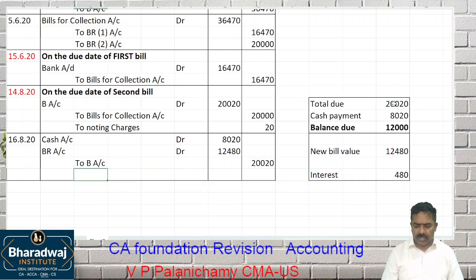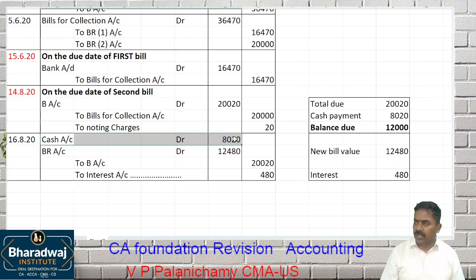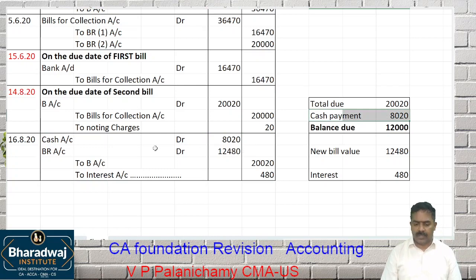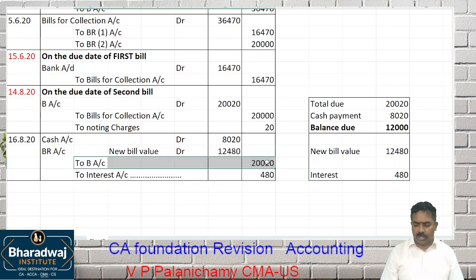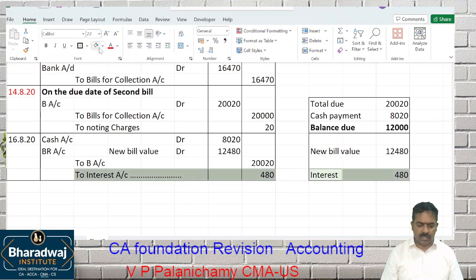To interest account. What is the interest? Cash account debit, what comes in, how much is paid, 8,020. Bills receivable account debit, the new bill value, 12,480. To B account, 20,020, the total amount due. The difference is which account? Interest. The excess amount comes because of interest.